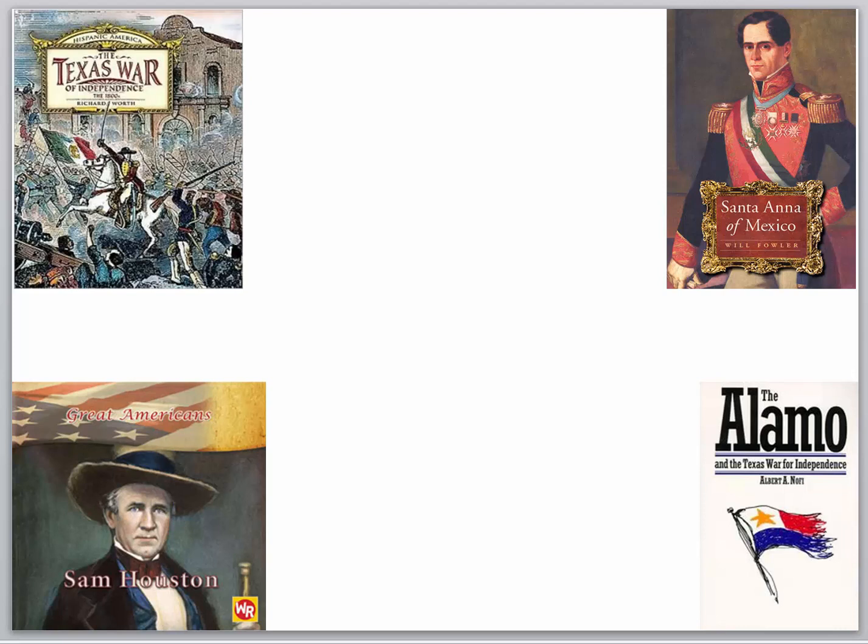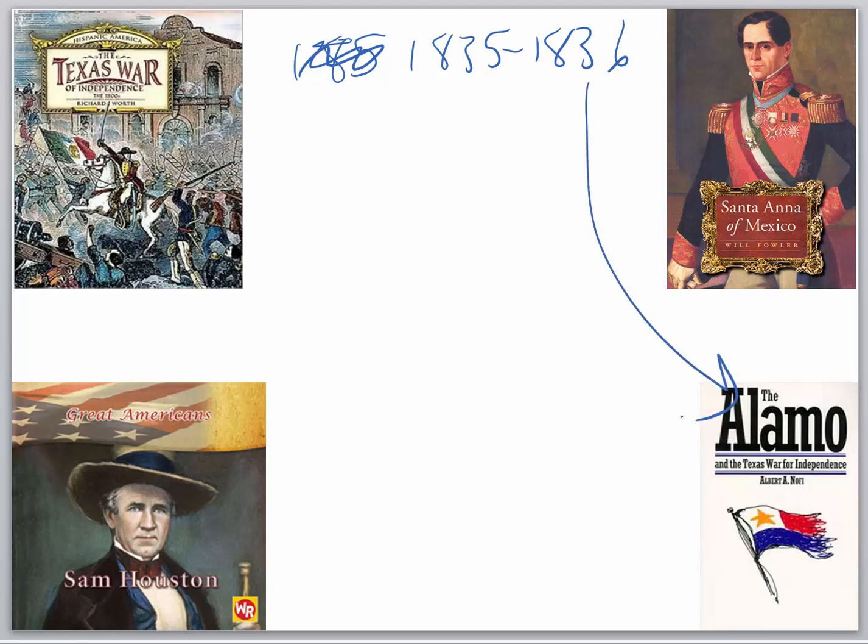So these Texans, who are Americans in the area, are led by Sam Houston. The 1835-1836 Texas War for Independence will have as the key event the Alamo, when the Texans were beat soundly at a religious site near San Antonio.